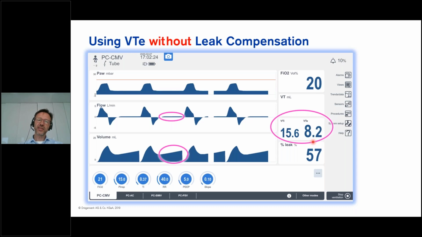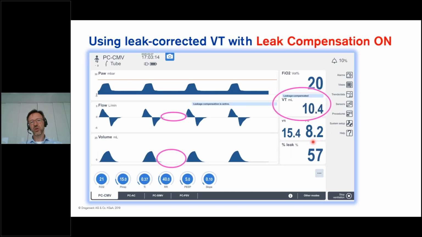If we now activate the leak compensation, as shown here, we can't see the leak anymore in the curves, because these curves are now automatically compensated for the leakage. The volume curve comes down to the zero line again, and the flow curve also comes down to the zero line.